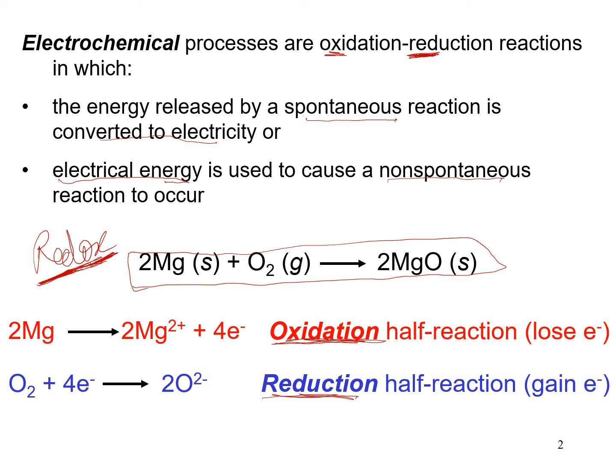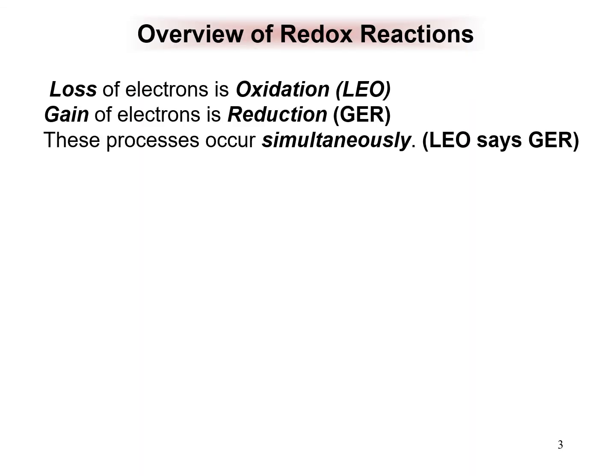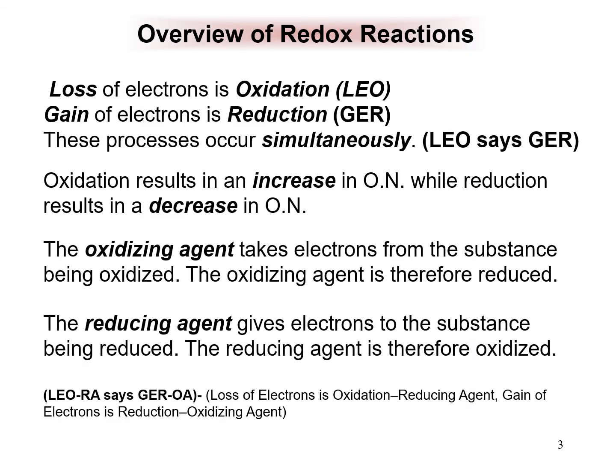How can you identify what is getting oxidized and what is getting reduced? Let's look at that definition real quickly, and I'll come back to these numbers that you're seeing on top. But let's first define oxidation and reduction. Loss of electrons is always oxidation and gain of electrons is called reduction.